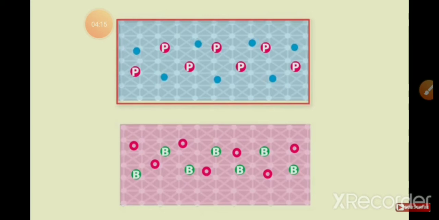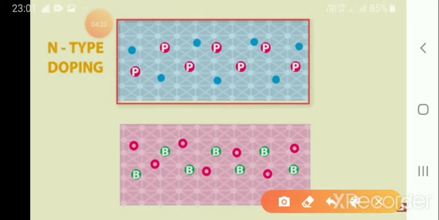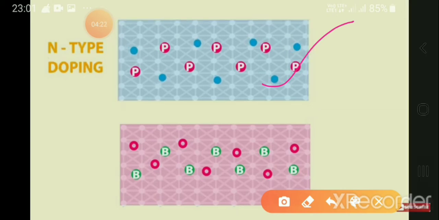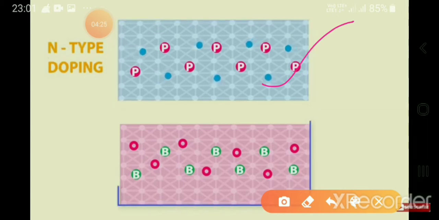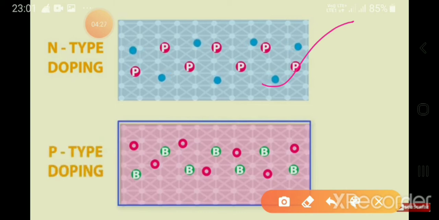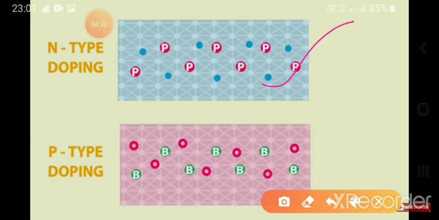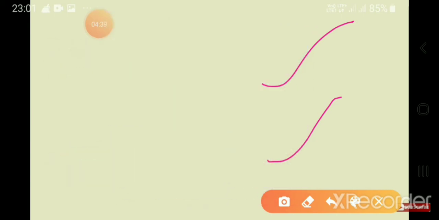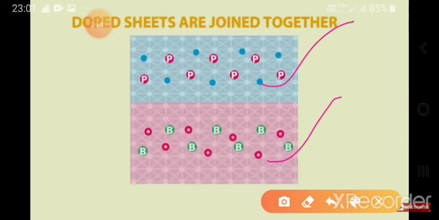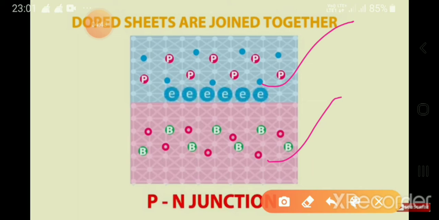Here you can see this is the first sheet of silicon and phosphorus, which has a higher concentration of electrons, while the second sheet with silicon and boron has a lower concentration of electrons, so it has positive charge, while the first one has negative charge. Now here it is called the p-n junction.